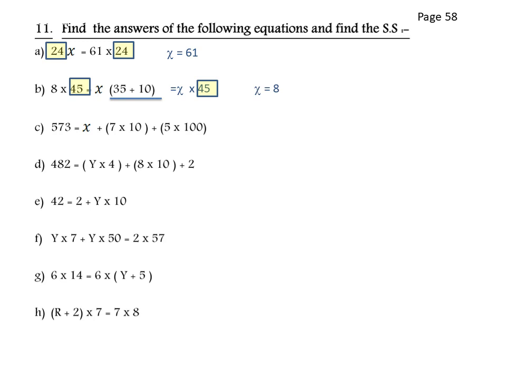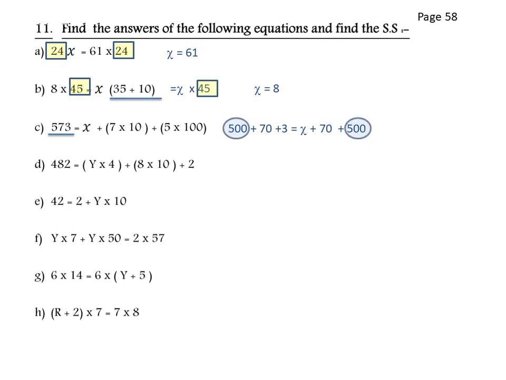And this one: 573 equals x plus 7 times 10 plus 5 times 100. Do you remember in primary 2 or 3, the expanded form of this number? We can write it as 500 plus 70 plus 3, which equals x plus 70 (because 7 times 10 equals 70) plus 500 (because 5 times 100 equals 500).